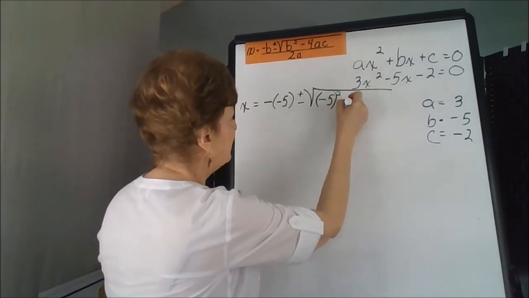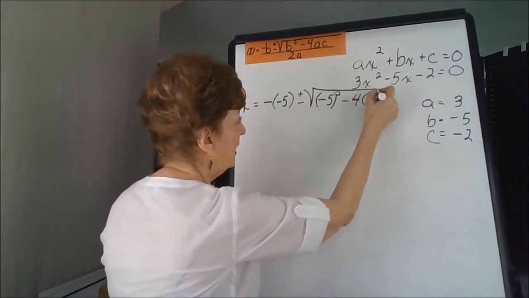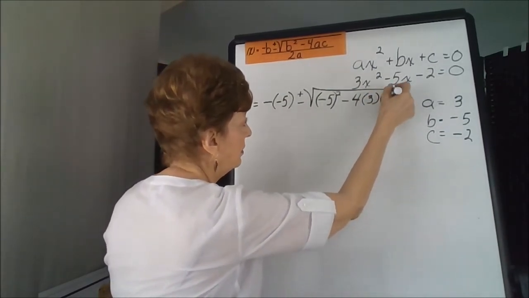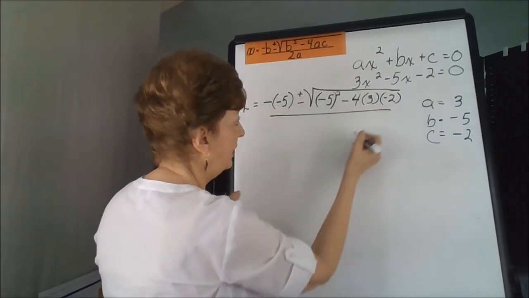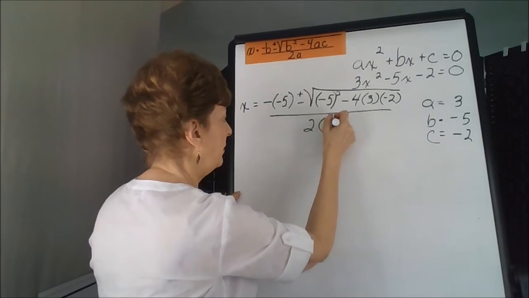Okay, minus 4 times the quantity a, which is 3, times c, which is a negative 2, divided by 2 times a, which is 3.